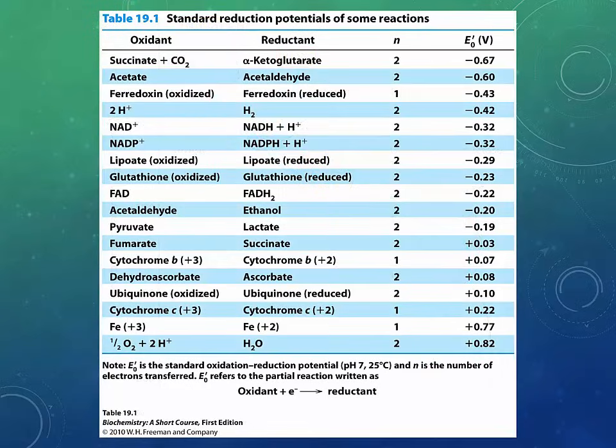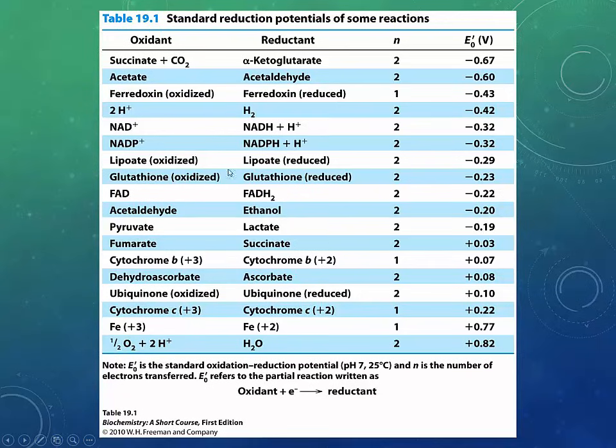So when we look at standard reduction potentials, not that you would memorize this chart, you'll see we have those same sorts of reactions that we saw previously. So for example, here's acetaldehyde as an oxidant going to ethanol, and we get movement of 2 electrons onto acetaldehyde to become ethanol, and that has a voltage of negative 0.2, whereas oxygen will pick up 2 electrons and become water with a voltage of plus 0.82.